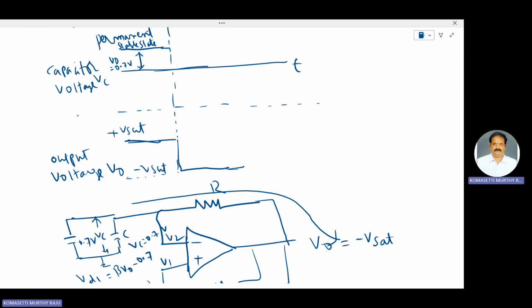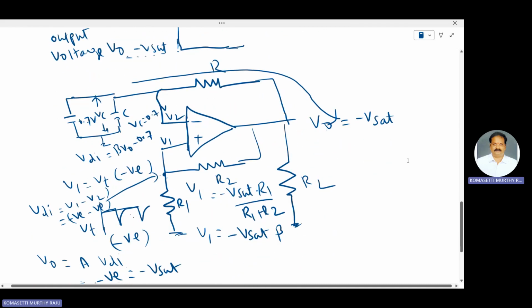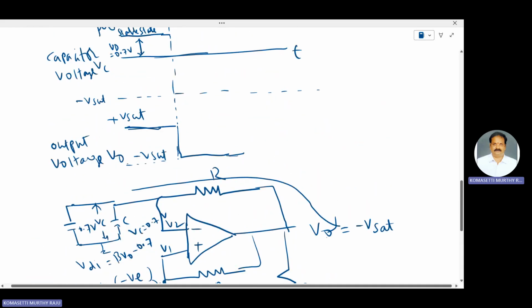The capacitor voltage discharges negatively towards minus Vsat. Whenever the capacitor voltage reaches minus beta Vsat, the minus beta Vsat line is also important here.